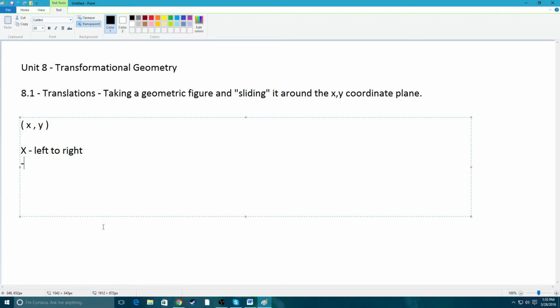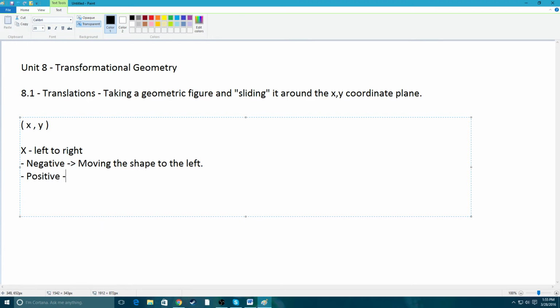If x is a negative number, or if x is being subtracted from, that means you are moving the shape to the left.